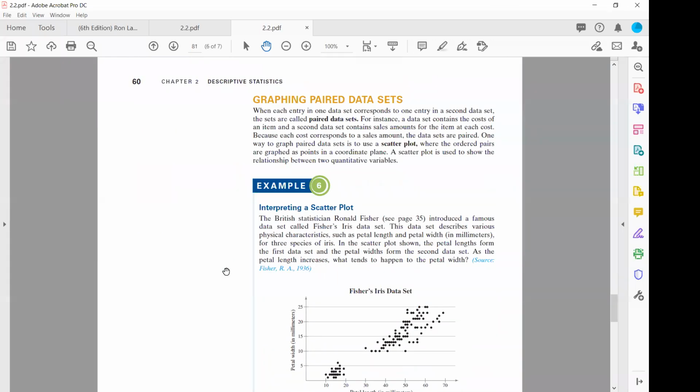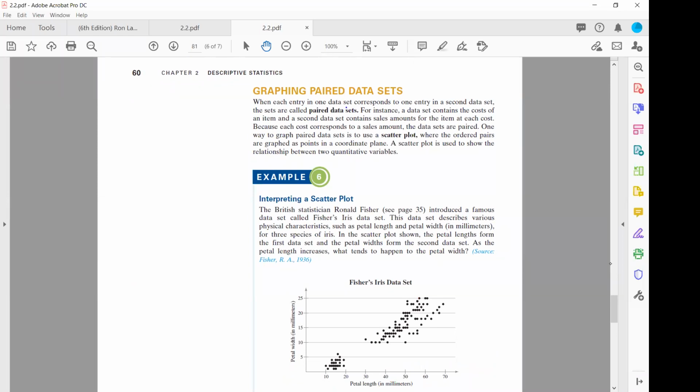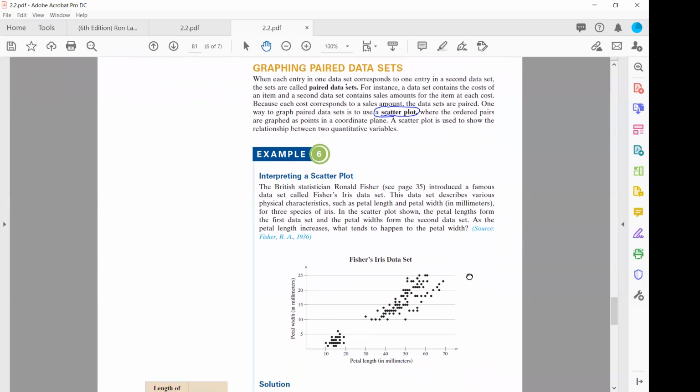Okay, scatter plot. If you have some points per data set in your collection, you can use a graph that you call scatter plot. So you have some X value, some Y value, and you graph them.